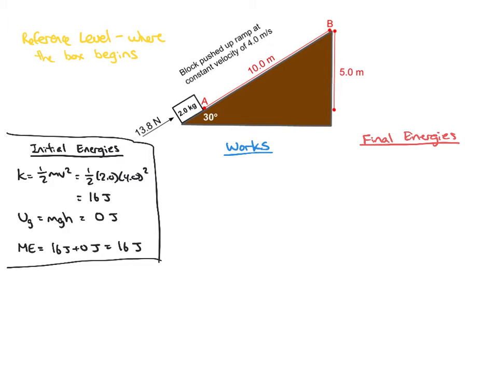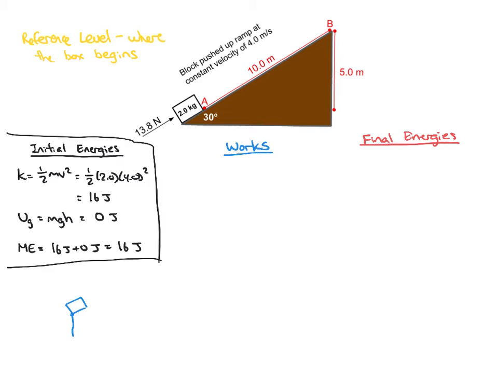The work is where it gets a little bit more tricky. So there's 4 forces acting on this box. Actually, I may draw a free body diagram. I have a little bit of room at the bottom left here. Okay, so we're practicing ramp questions again.